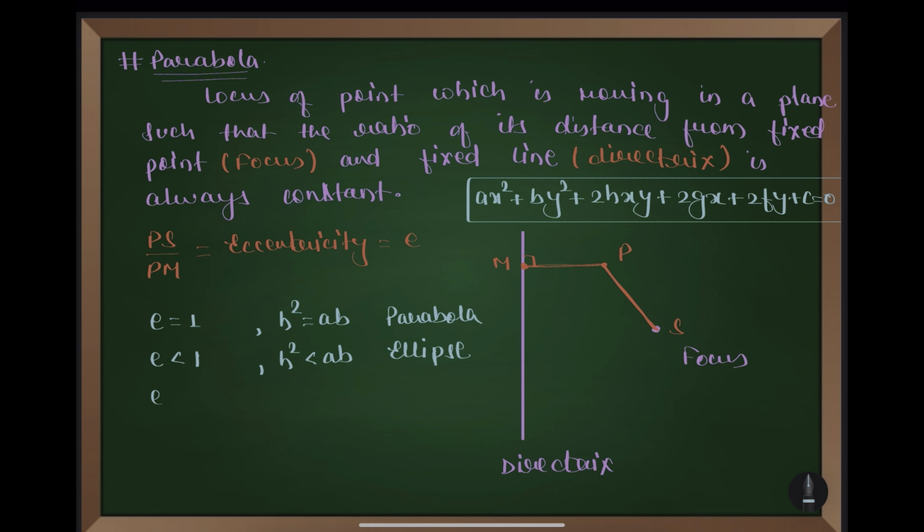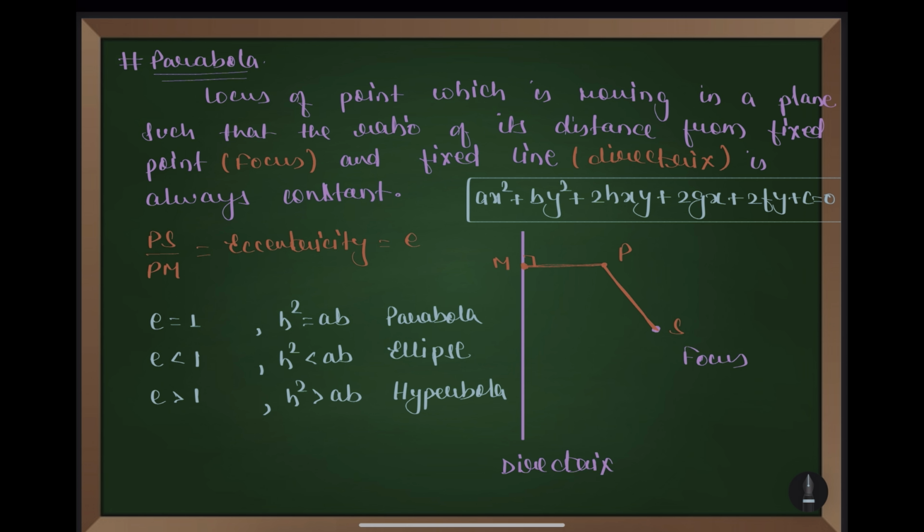Now if E is greater than 1, so h square is greater than AB. So it is hyperbola. Okay, so these are the conditions for parabola, ellipse and hyperbola.